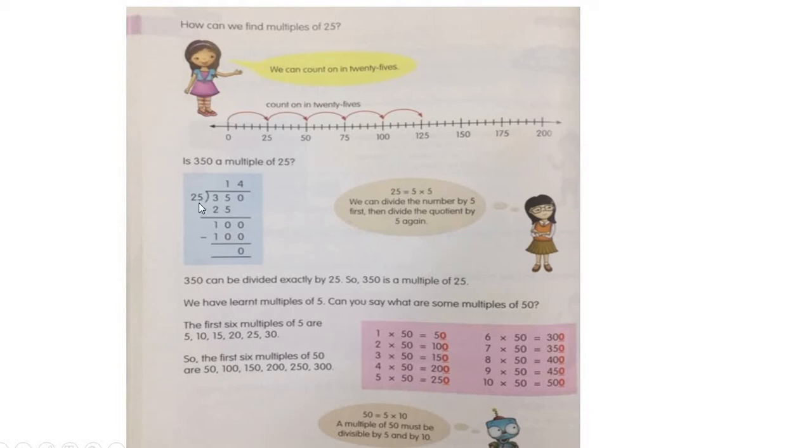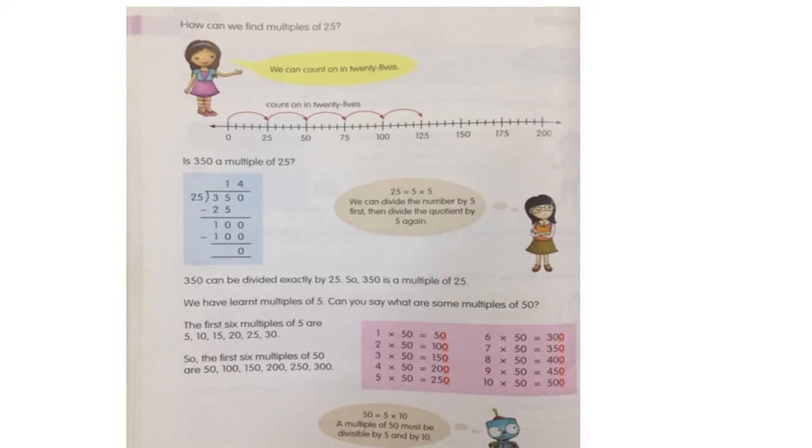The 10 is not enough to divide by 25, so I will bring the 0 down. I have 100. The 100 has 4 25s, so 4 times 25 equals 100, as you see here. So 100 is a multiple of 25, and you will find the answer is 4. 4 times 25 equals 100, and no leftovers here, no remainder.